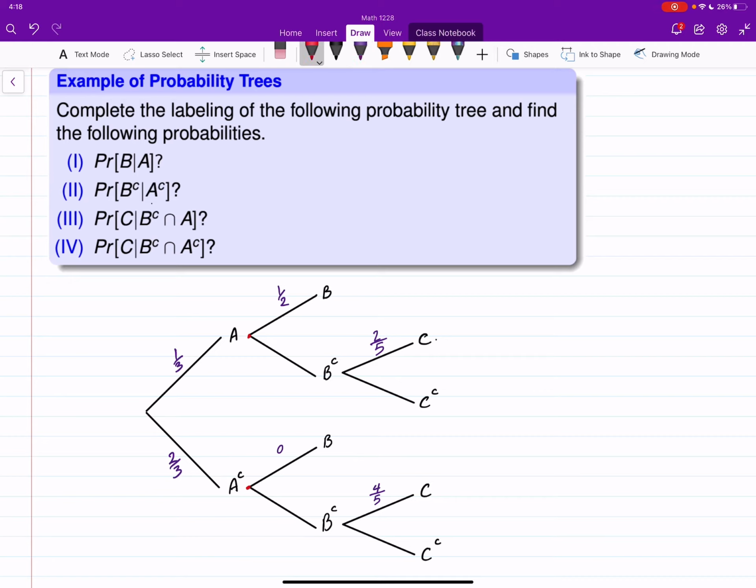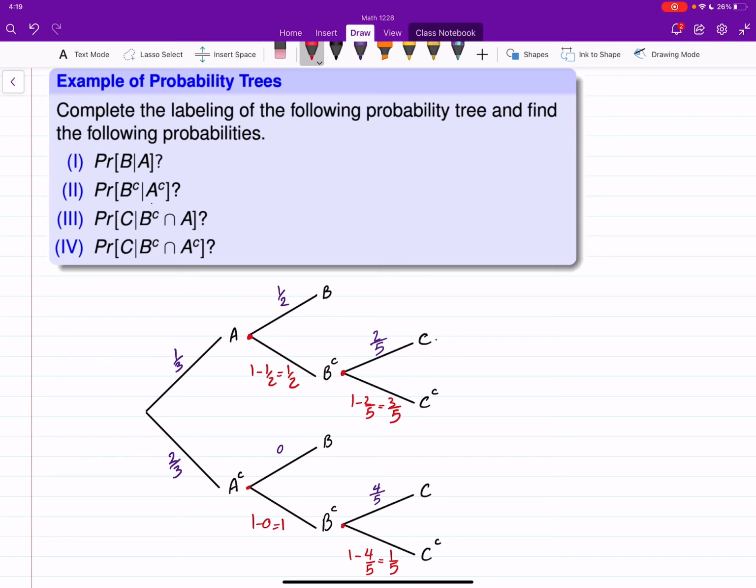For example, for this node here, there's a half up there, so the rest will go to the other edge, which is half again. For this node, 2/5 is already out, so this must add up to 1. Here 1 minus 0 is 1, and here 1 minus 4/5 is 1/5, and that's the probability we have. Okay, the labeling is complete now.